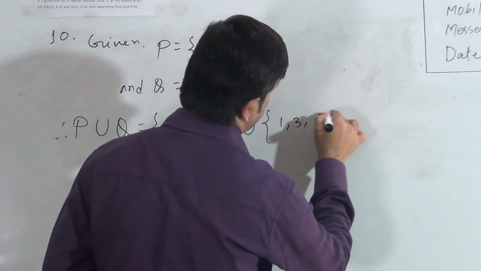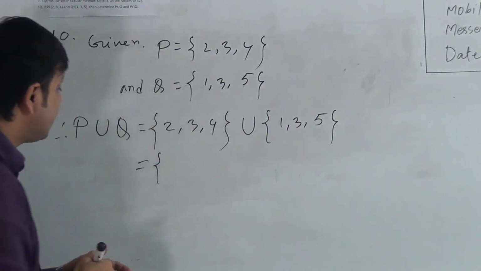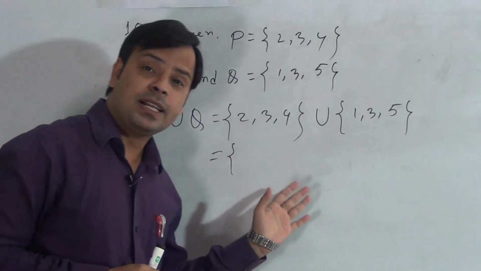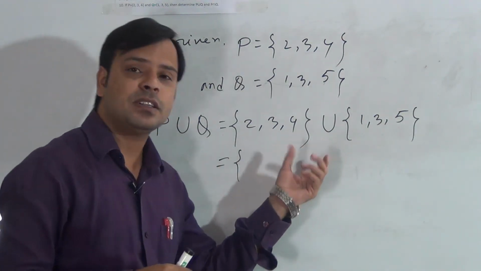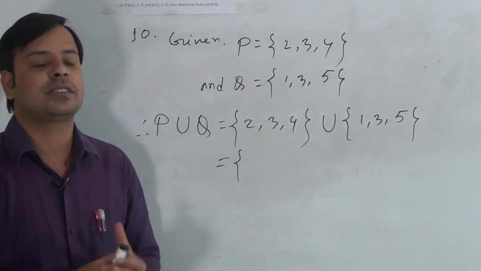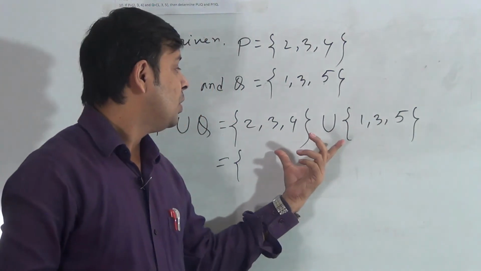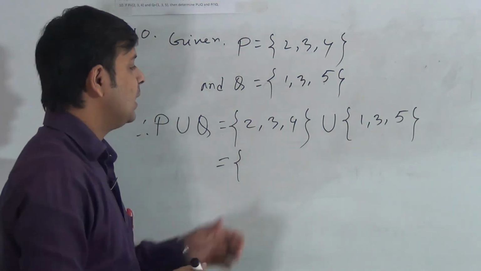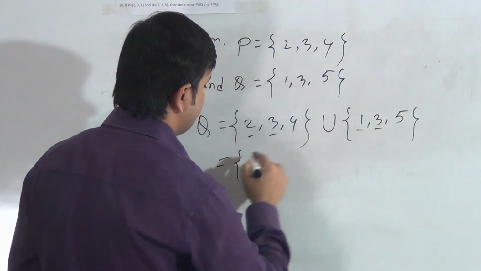1, 3, 5. Dear students, to do the union, remember that you have done the LCM. LCM means you have to write all the factors. In case of sets, you have to write all the elements of both sets. Now see, 1, 2, 3. 3 is common here.